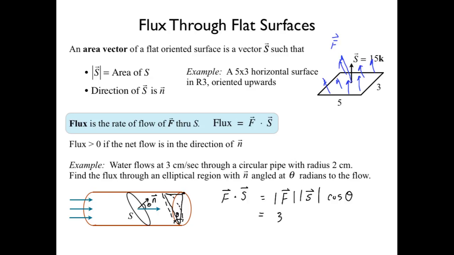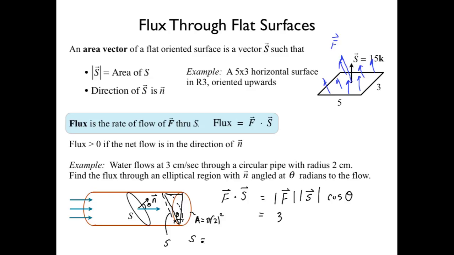Okay, and so this area is what? The area of a disk. The disk is pi r squared, which is pi times 2 squared, 4 pi. Then the area that we want is S. So how are S and A related by theta? We can use trig. S is this ellipse, and the area is like the adjacent side of the triangle, right?